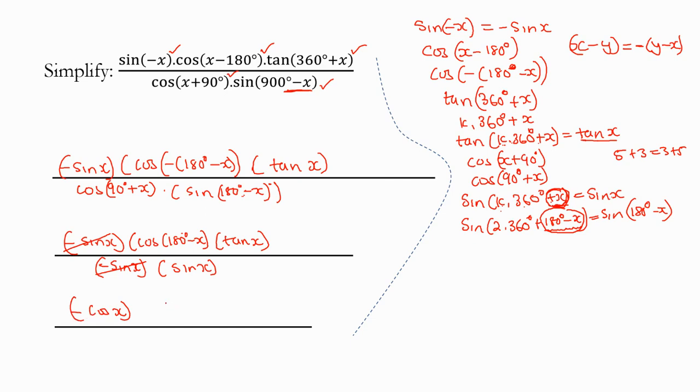Right, and then times, now it's going to be nice, sin x over cos x. I should have a space here to say divided by 1, so that you can see what is happening. Then over sin x. Negative cos x divided by cos x, you get negative 1.